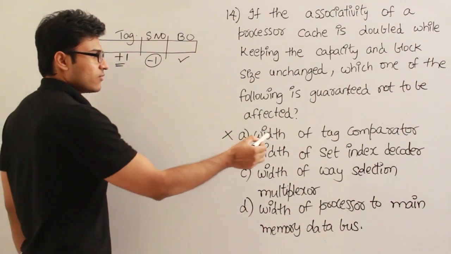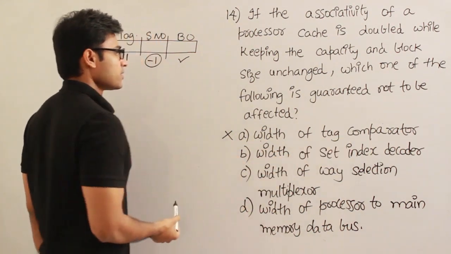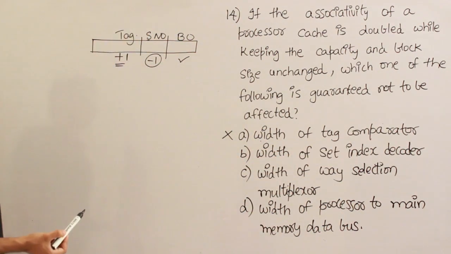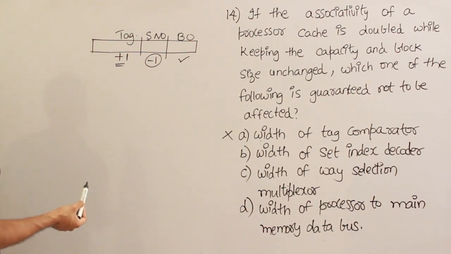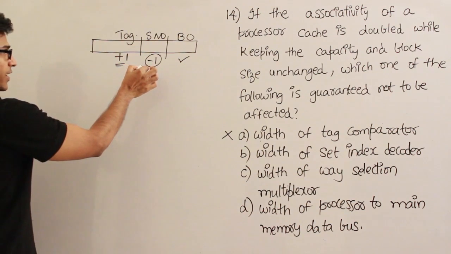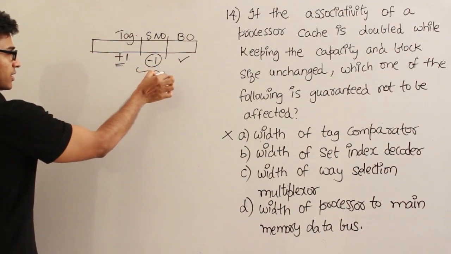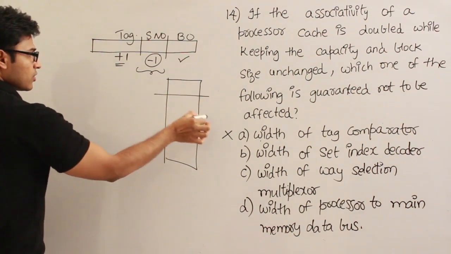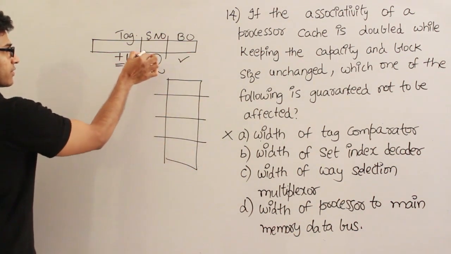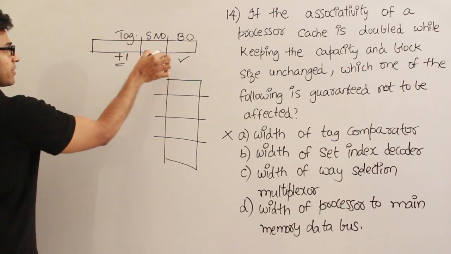And next one is width of the set index decoder. Set index decoder means in order to find out the set number, or which set we have to look into, we are going to use a decoder here, right? So the decoder will be n by 2 power n.